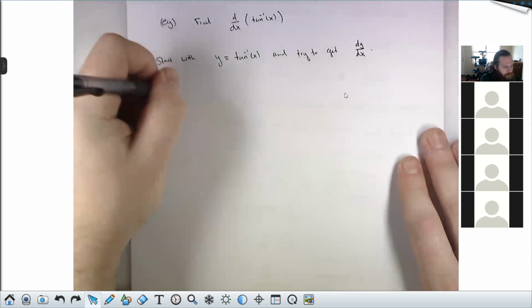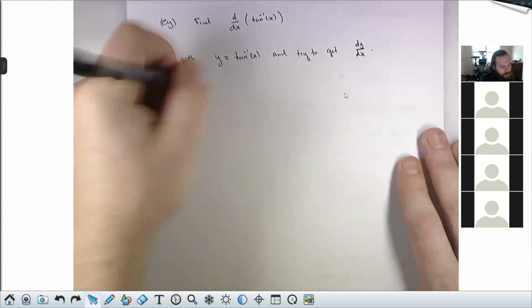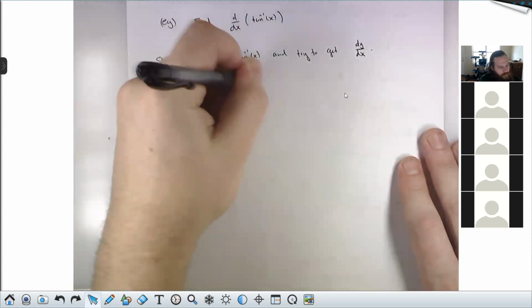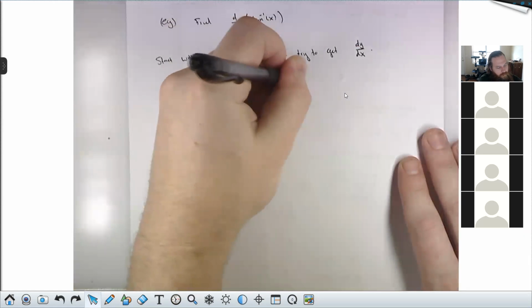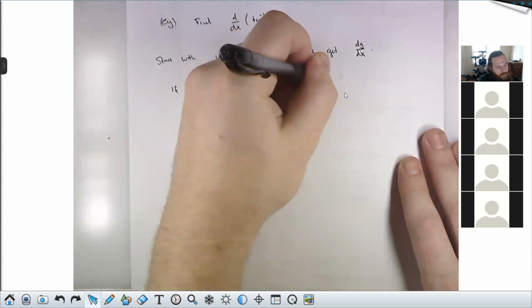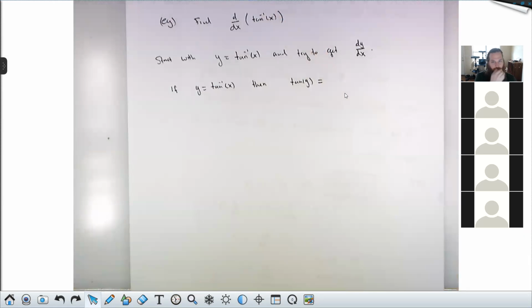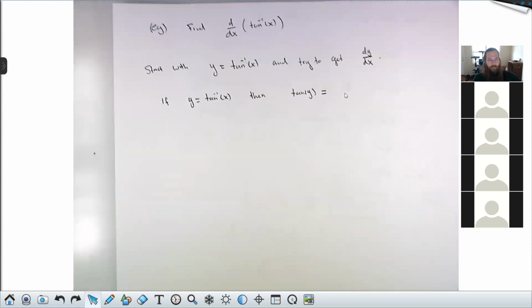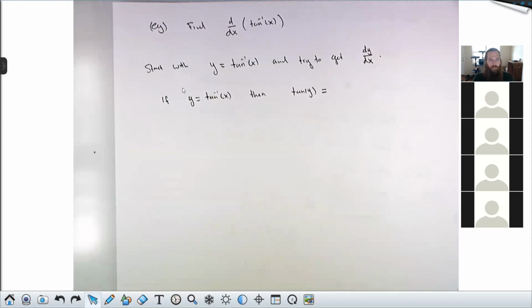If y is equal to the inverse tangent of x, then what is the tangent of y equal to? Wouldn't it be just equal to x?